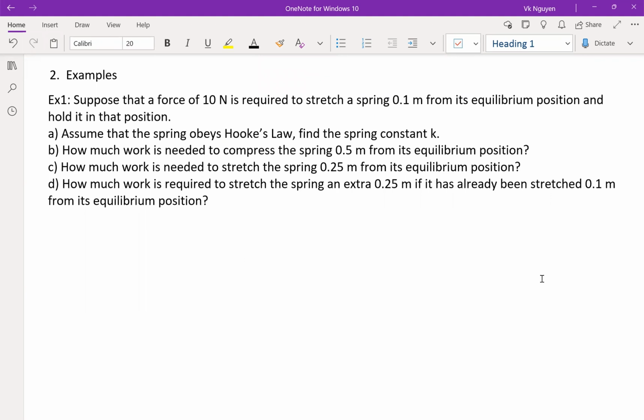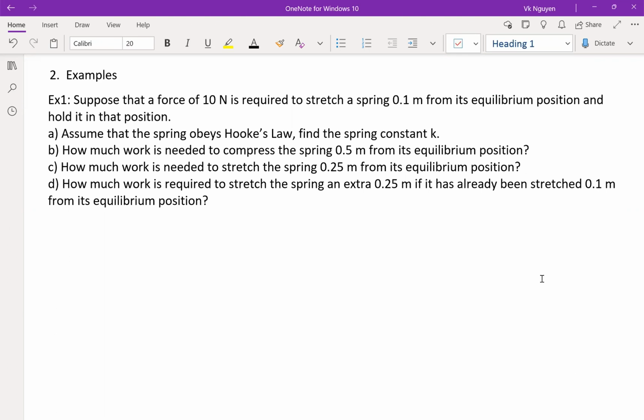Example 1. Suppose that a force of 10 Newtons is required to stretch a spring 0.1 meter from its equilibrium position and hold it in that position. Suppose that the spring obeys Hooke's law. A. Find the spring constant k. B. How much work is needed to compress the spring 0.5 meter from its equilibrium position?